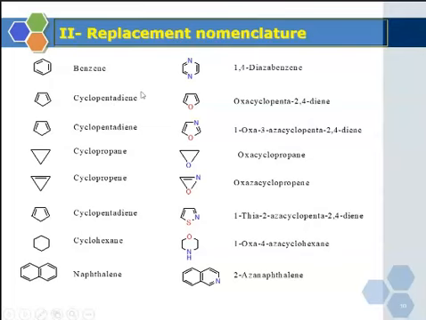Likewise, if it is the structure of cyclopentadiene, then this structure will be called oxacyclo, 5 members are there in the ring, hence penta, and 2,4-diene.